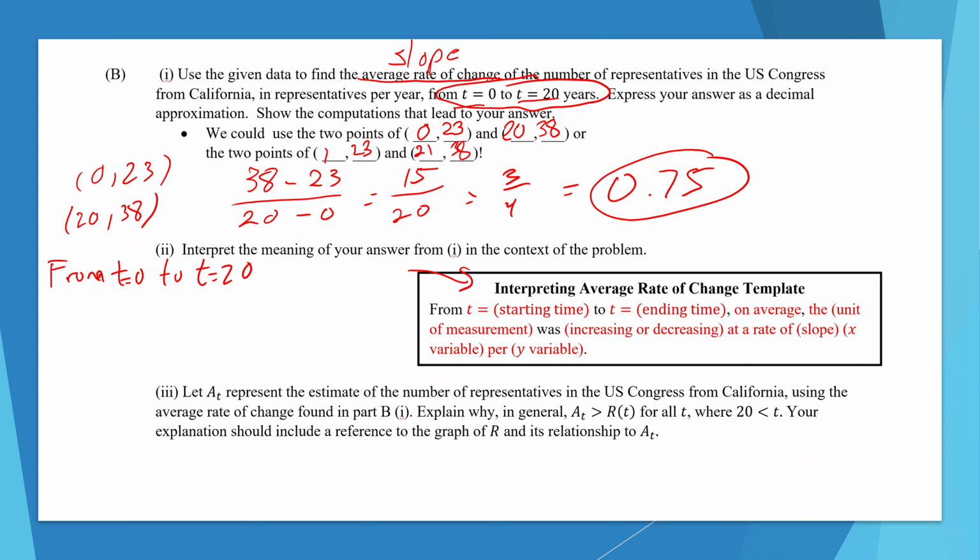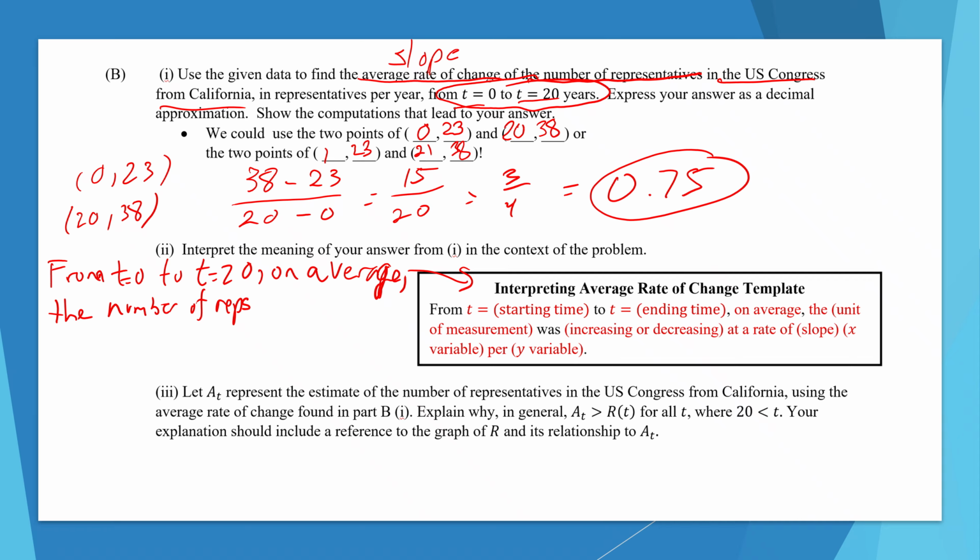So from t equals 0 to t equals 20 on average. This is a good two words to have, but not necessary. I would say then, and then we're looking at what changes. So the number of representatives. And then you could give the full thing in the U.S. Congress from California.